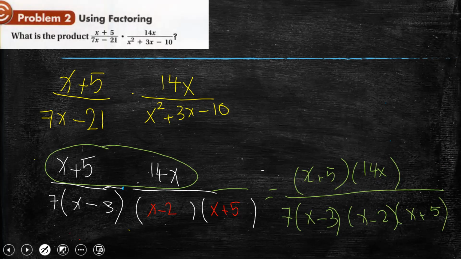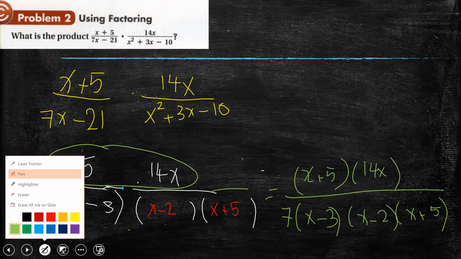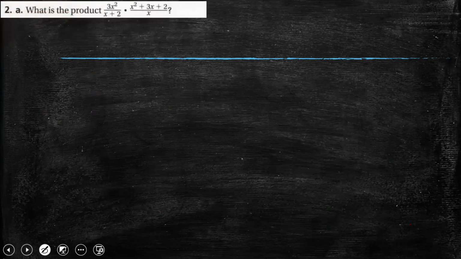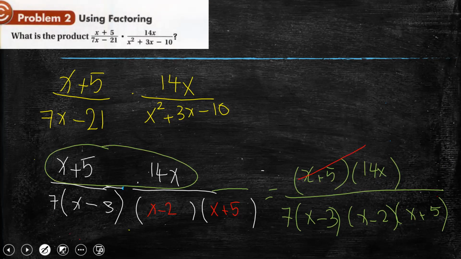It's also correct. Then up with down, we can cancel them. And here we have 14x. Can I cancel it with x minus 2?